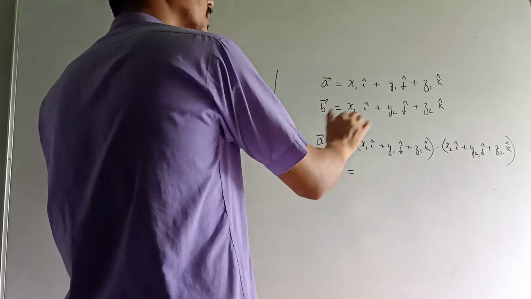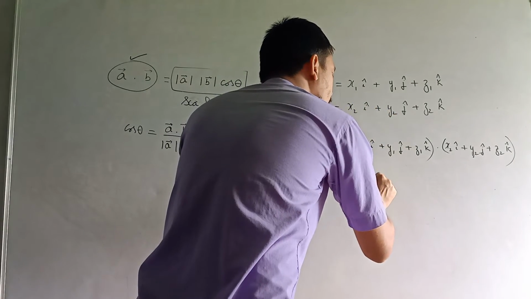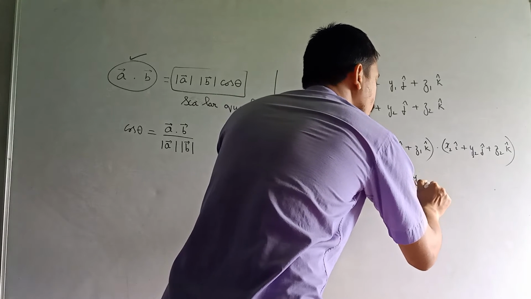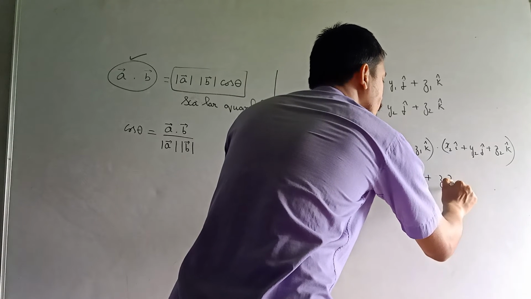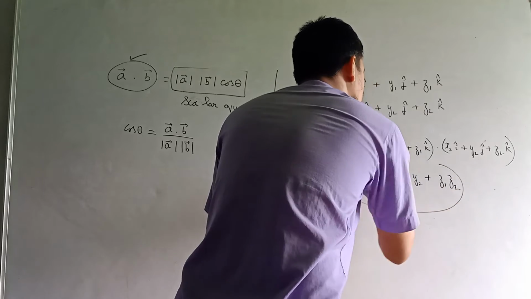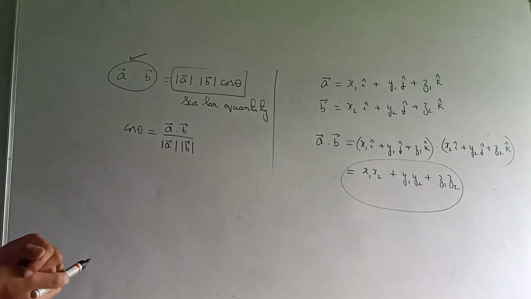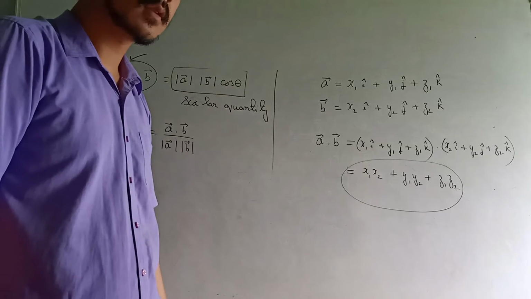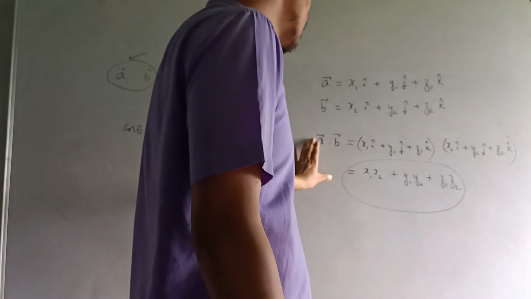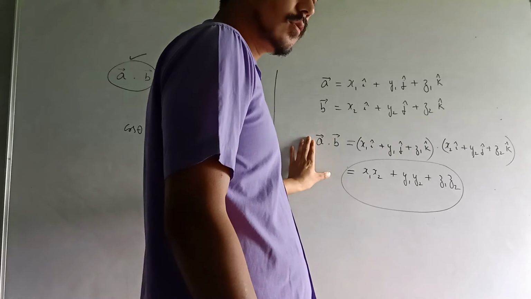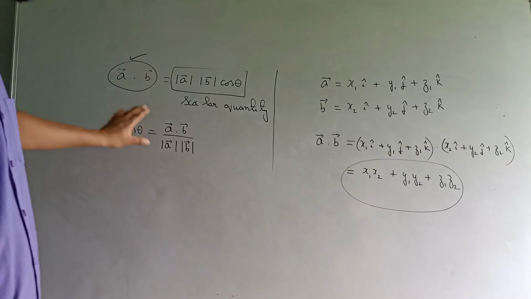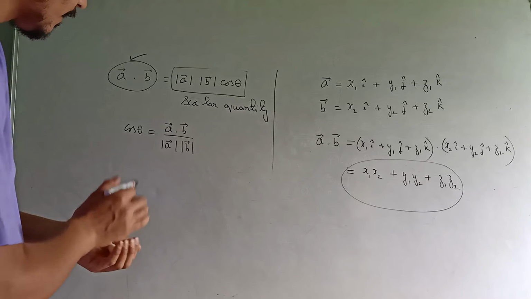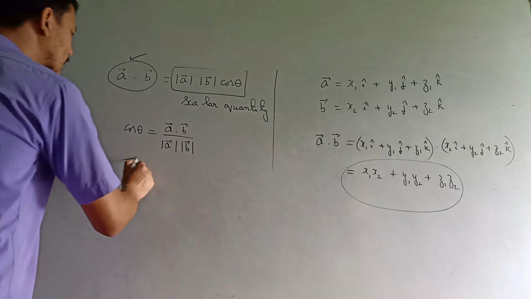So the product can be evaluated as x1 into x2 plus y1 into y2 plus z1 into z2. This is how we can evaluate the dot product of two vectors without using the definition. We have come across problems relating to this many times, but we're just highlighting it. Now there is one more important thing.